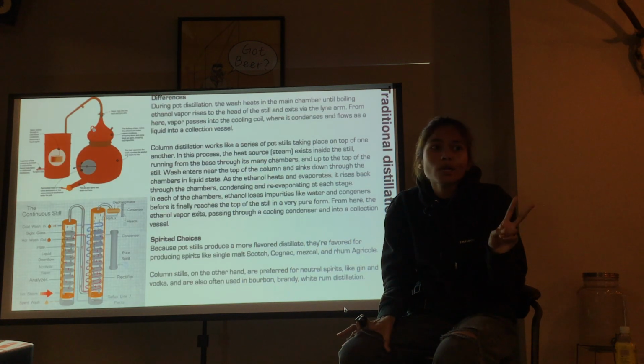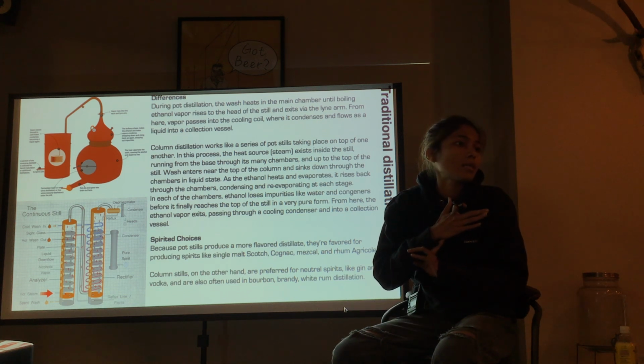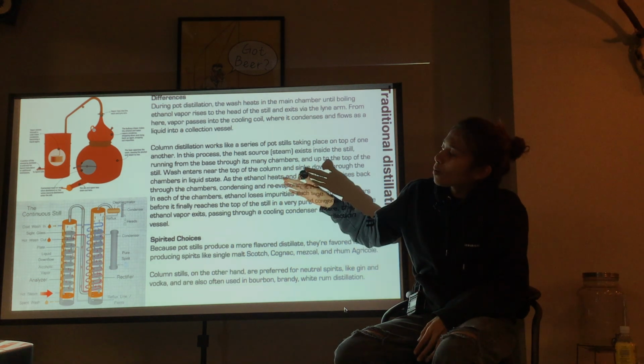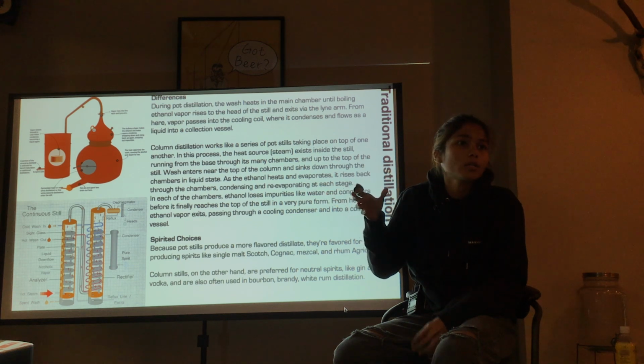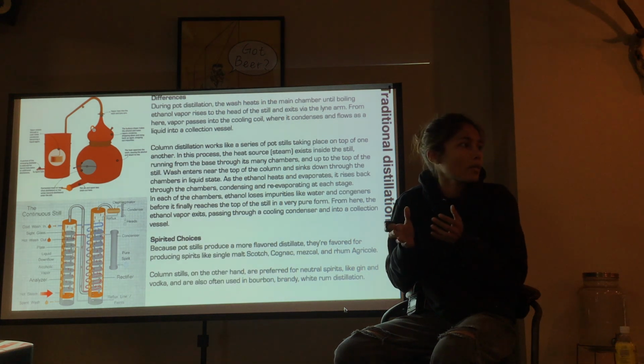There are two kinds of very traditional distillation: one is pot still, and the other is column distillation. With pot still, the reason they use copper is to do a stripping run. It pulls out any sulfite, which gives spirit a bad taste.